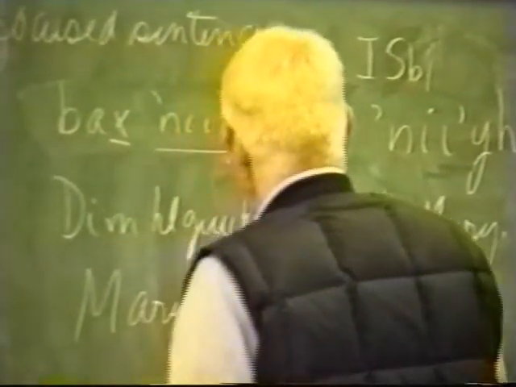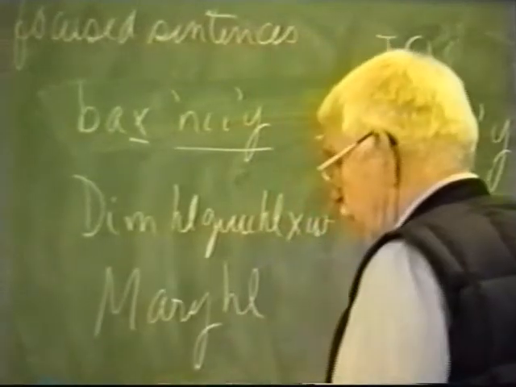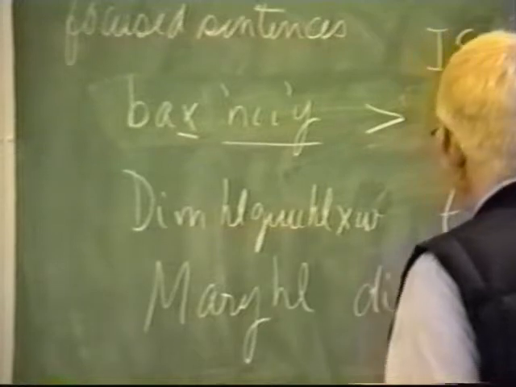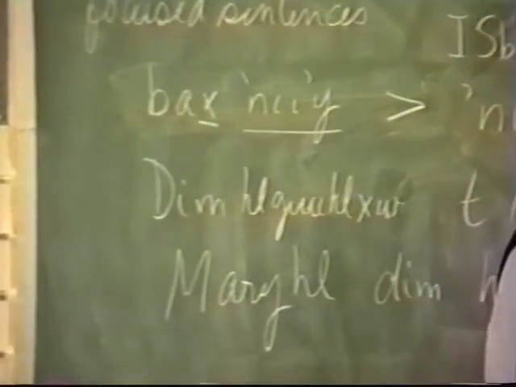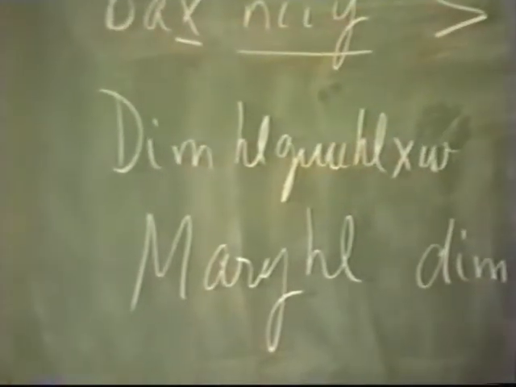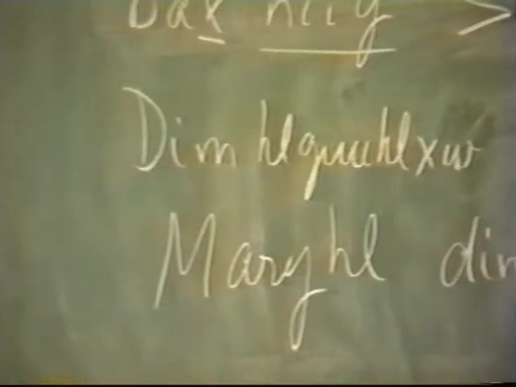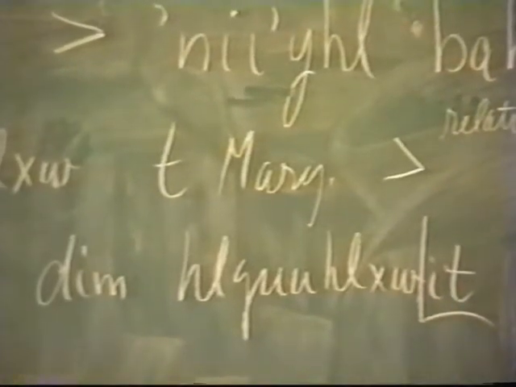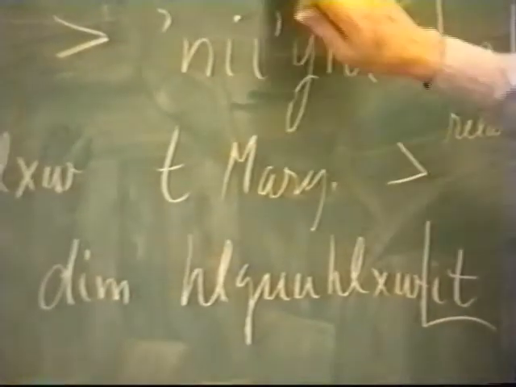To get our focused sentence, we'd have Mary dim scootwit. Notice we have vowel T there, and here we have vowel T. Where we're making a relative clause out of an intransitive subject, you put vowel T if the stem ends in a consonant, and just T if it ends in a vowel.